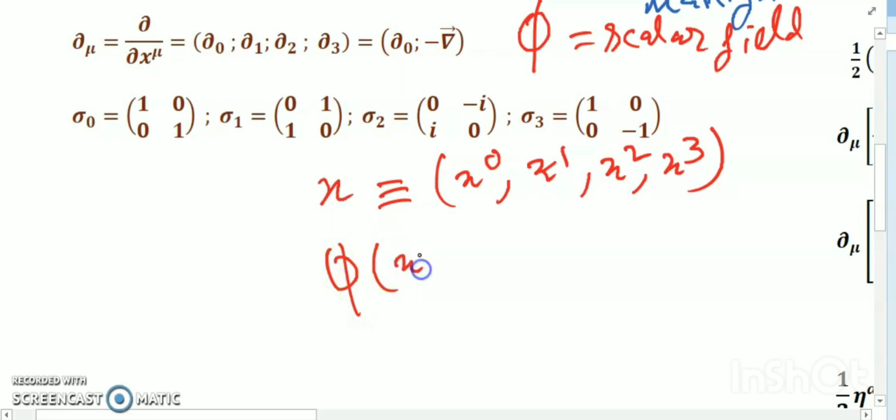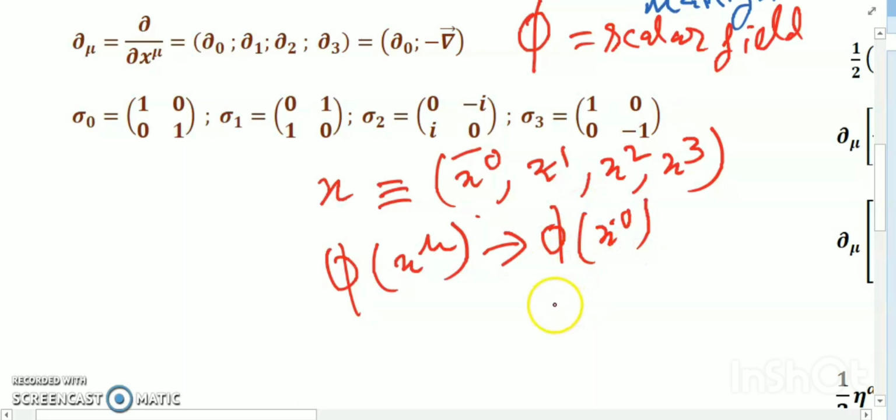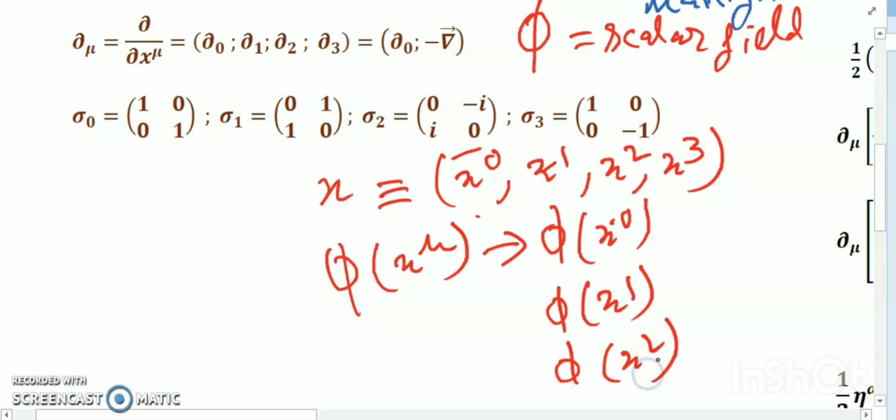Phi of x mu would almost imply that there are four phi functions, but phi of x mu is the convention. It can be written as four functions, phi of x0, phi of x1, phi of x2, up to four terms, a real or complex scalar field.